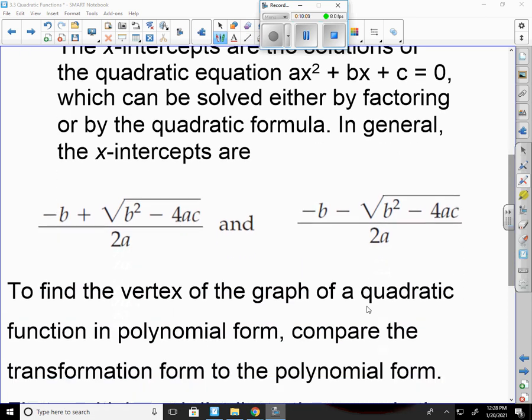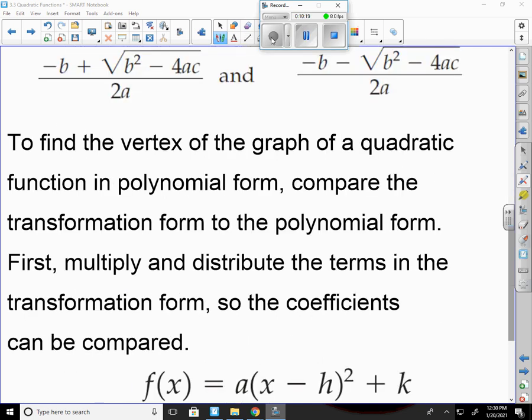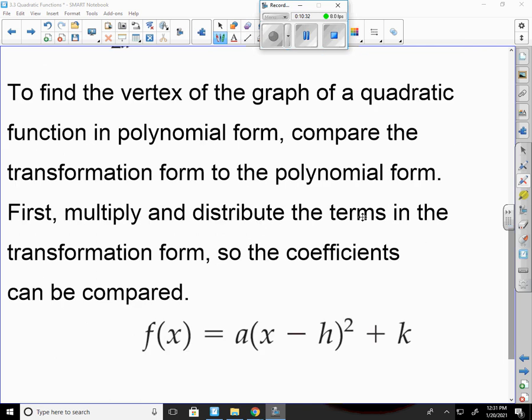So then to find the vertex of a quadratic function in polynomial form, compare the transformation form to the polynomial form. First we would multiply and distribute the terms in the transformation form so that the coefficients can be compared. This is where we're going to pick up tomorrow, just for time's sake.